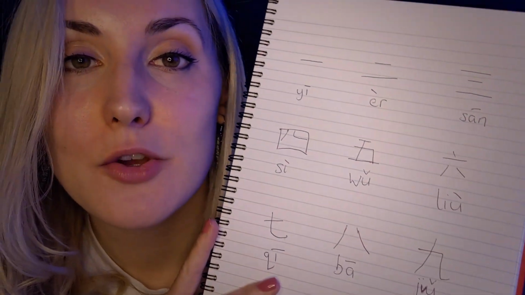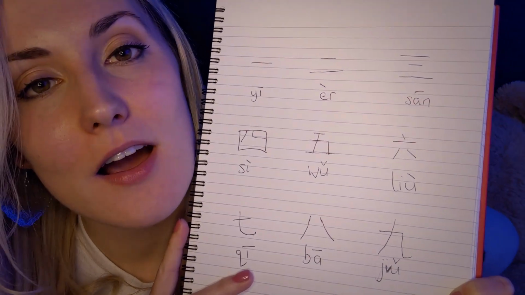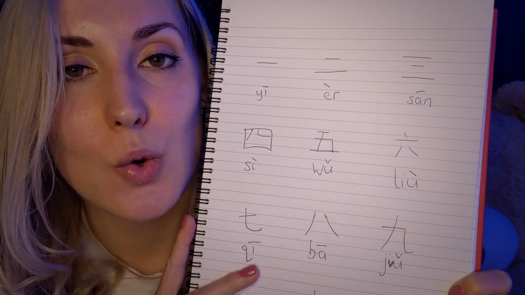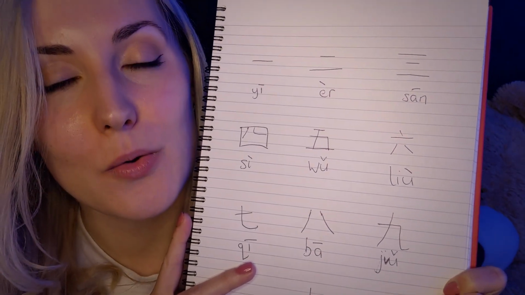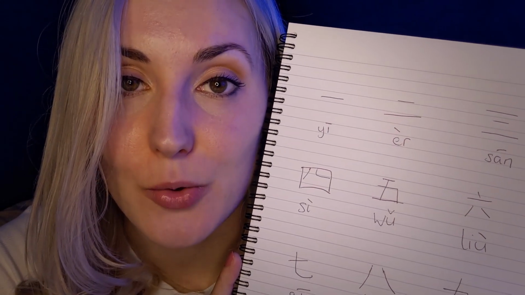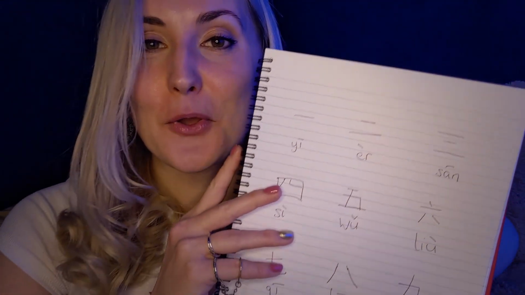So let's go through the numbers again. Yi, er, san, si, wu, liu, qi, ba, jiu, shi. Okay. Again.